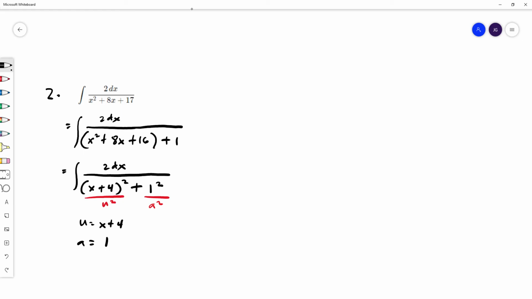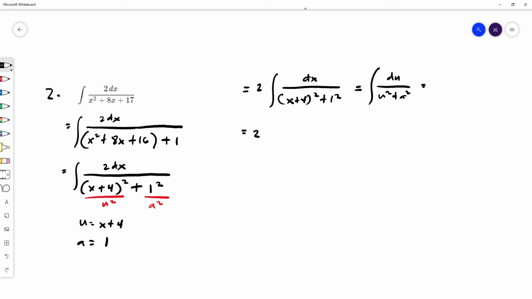So therefore, we can rewrite our equation as 2 times the integration of dx over x plus 4 squared, plus 1 squared. And for this one, take note that this is equivalent to du over u squared plus a squared. And this is equivalent to arc tan, right?